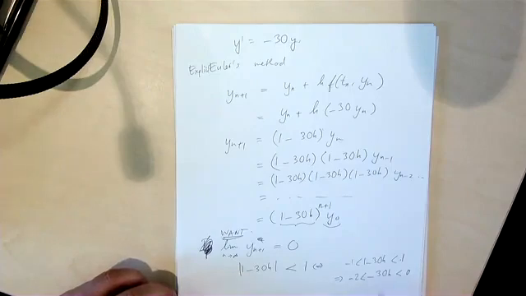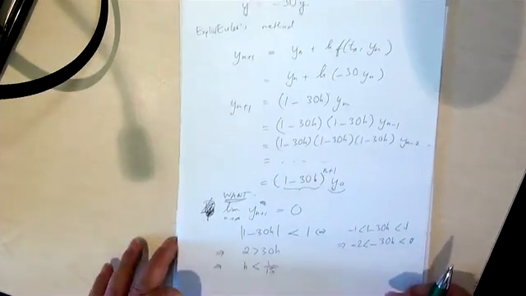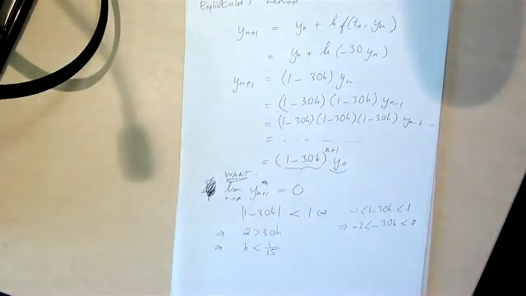What I want is just 2 bigger than 30h, or h smaller than 1 over 15. So 1 over 15 is, sorry, not the minimal, but the maximal step size to make the numerical solution not blow up.